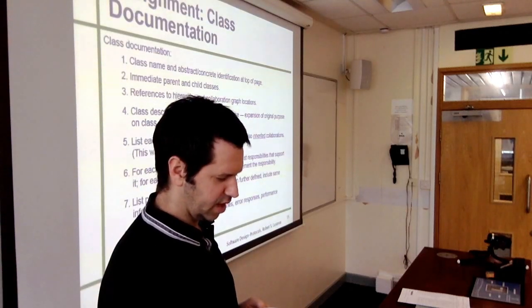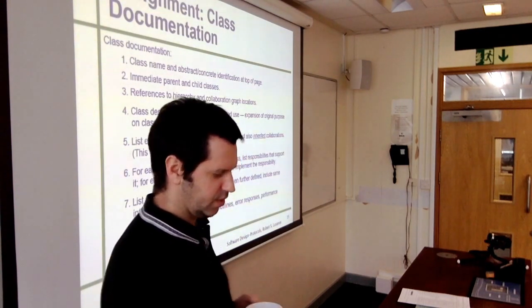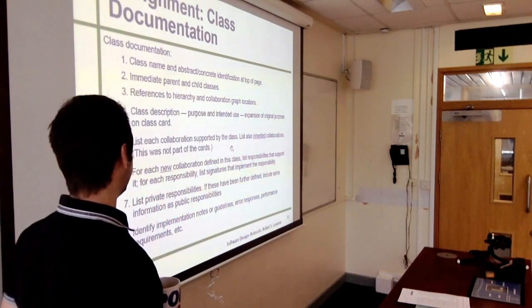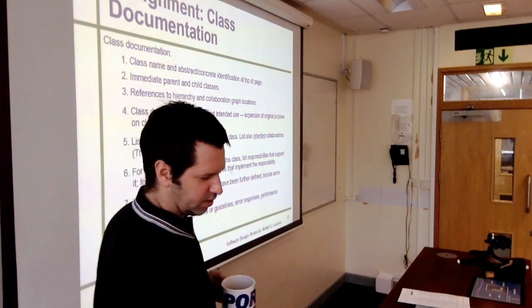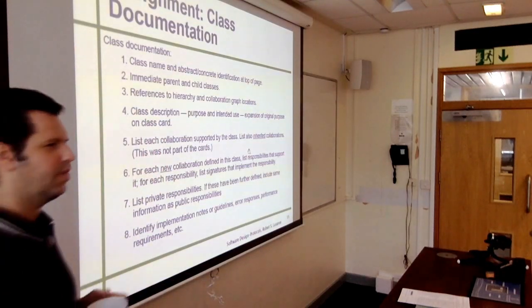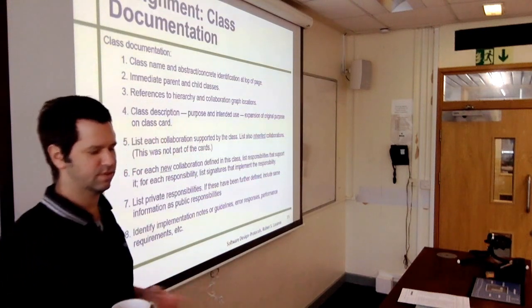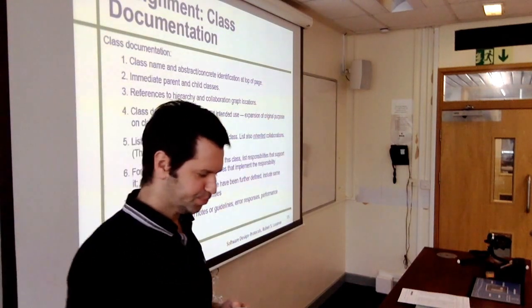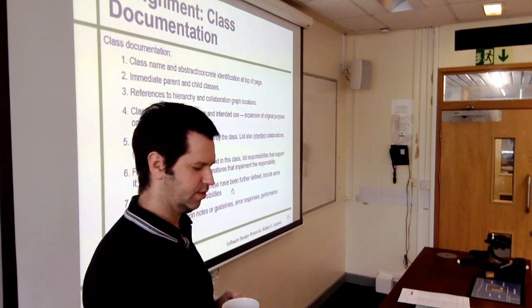We list each collaboration on the class, and we list each new collaboration that we've inherited from our parents, for example, right? And for each responsibility, we have the method protocols that carry out that responsibility, that implement that responsibility. We can even put in private responsibilities if we want to.